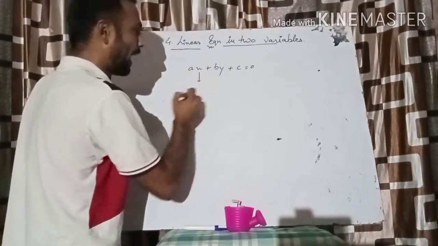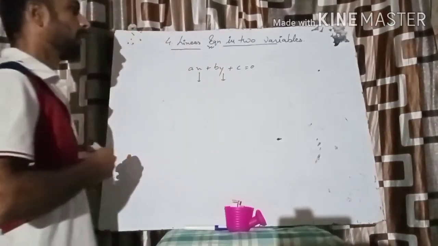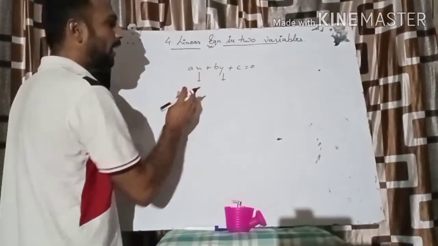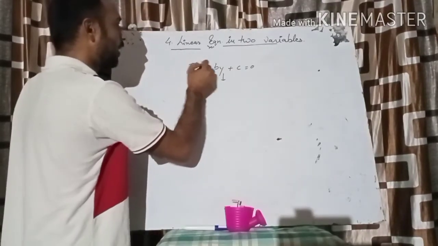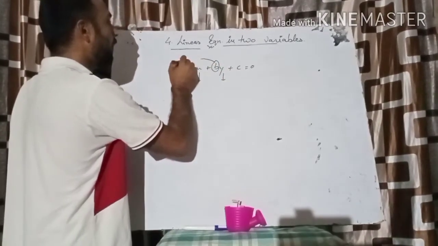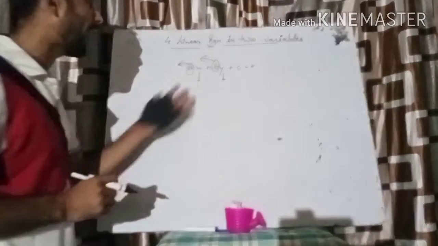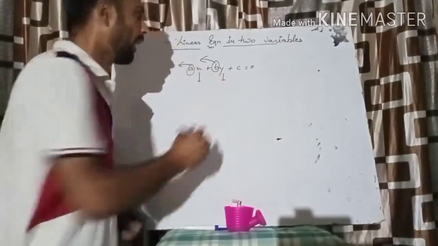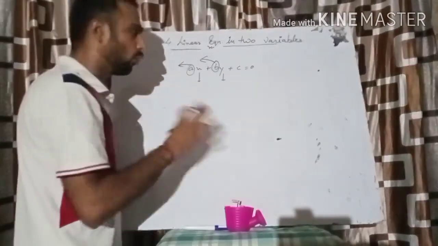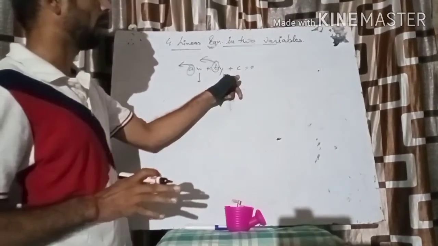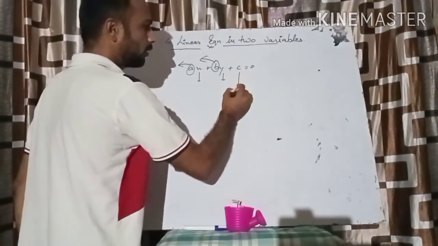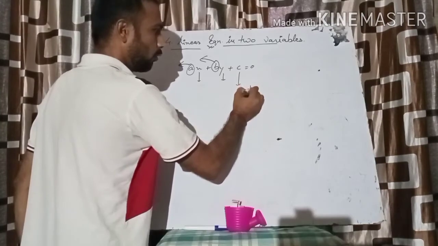One is your x, another is your y. So x and y are the two variables, and a and b are the coefficients of x and y respectively, and the term which has no variable is known as the constant term.